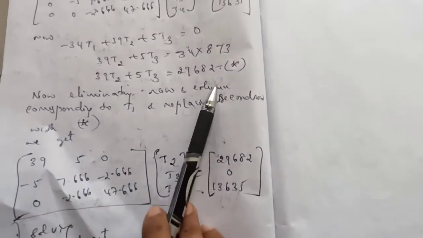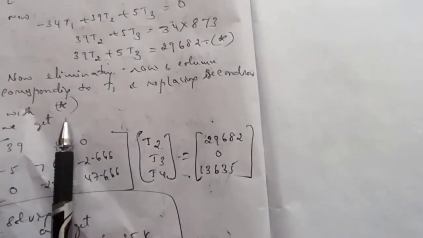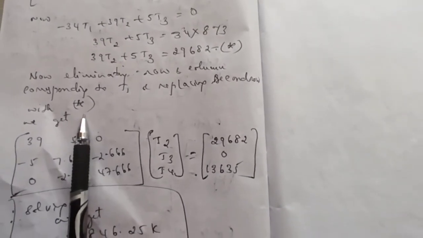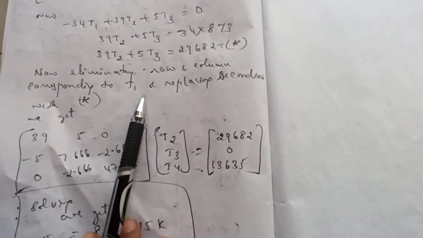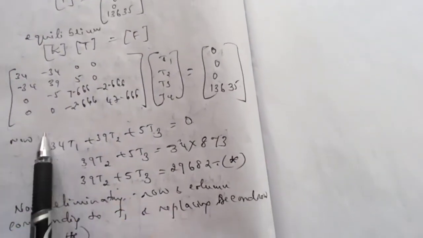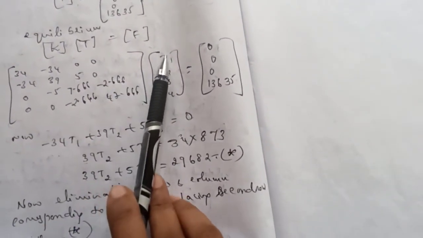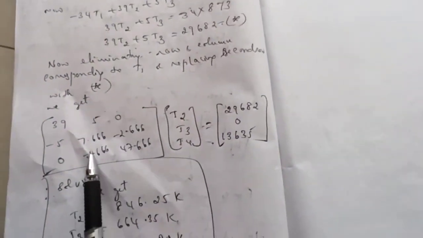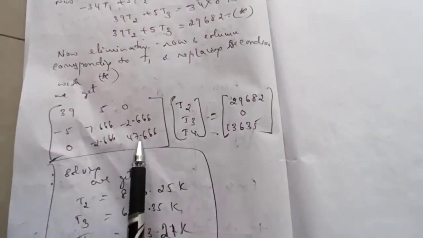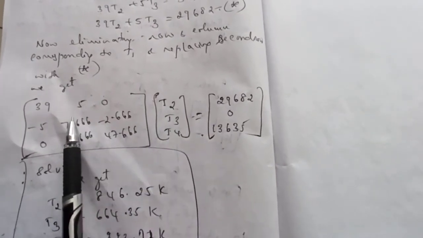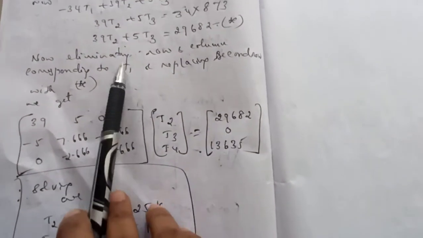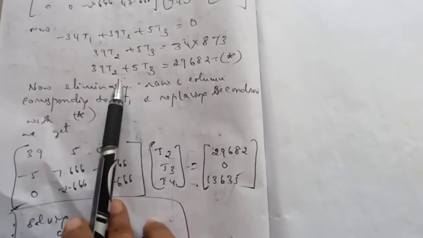Now we know that in the elimination method we need to remove the rows and columns where the boundary value is known. Here we know the value of T1, so let me eliminate the first row and first column, which is for the T1 value. After eliminating it, I get the stiffness matrix like this for T2, T3. But while writing the second equation, we need to replace it by this star.